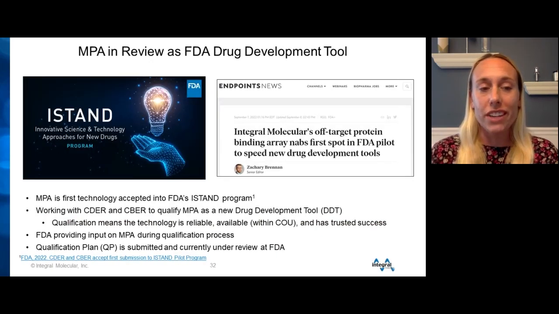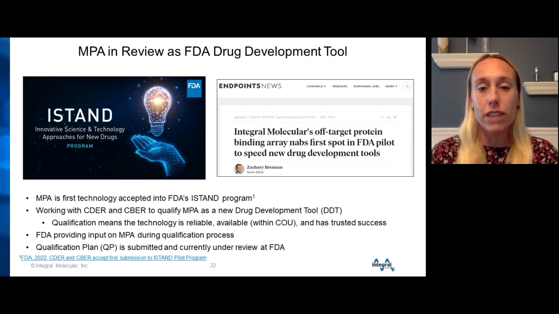Our own protein array, the MPA that we are talking about today, is currently under review to become an FDA-approved drug development tool. We submitted the MPA for inclusion into their iSTAND program. This is one of FDA's drug development tool qualification programs. And we were very excited. The MPA actually became the first technology to be accepted into the program.